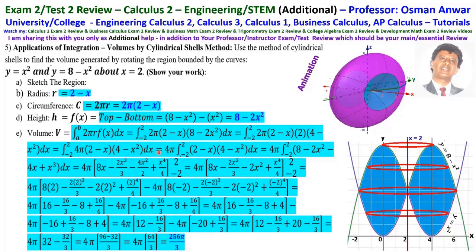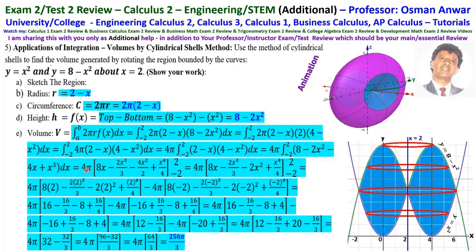We can factor out the 4 pi, so it is the integral from minus 2 to 2 of (2 minus x)(4 minus x squared) dx, which is equal to 4 pi times the integral from minus 2 to 2 of 8 minus 2x squared minus 4x plus x cubed dx.